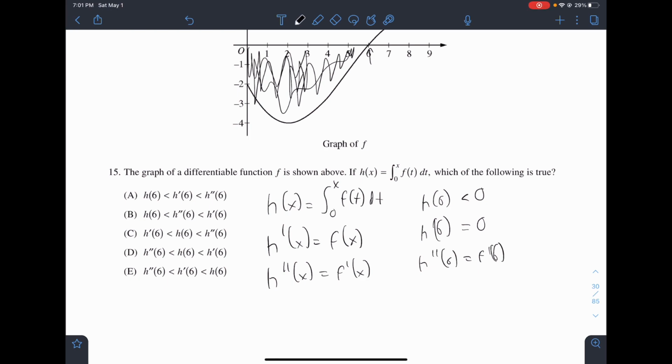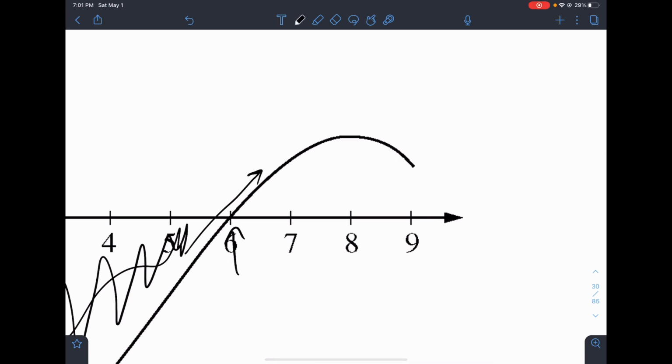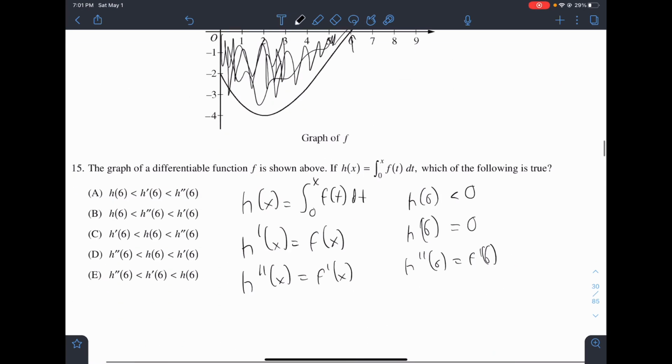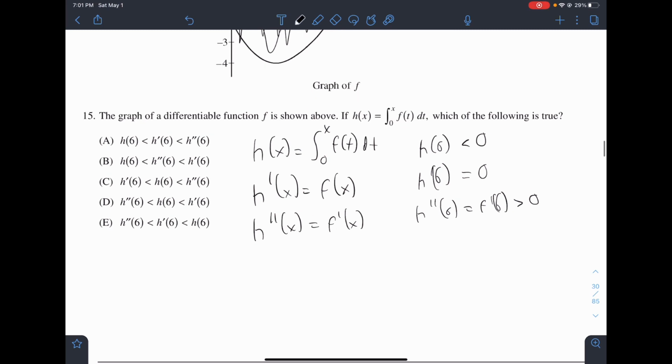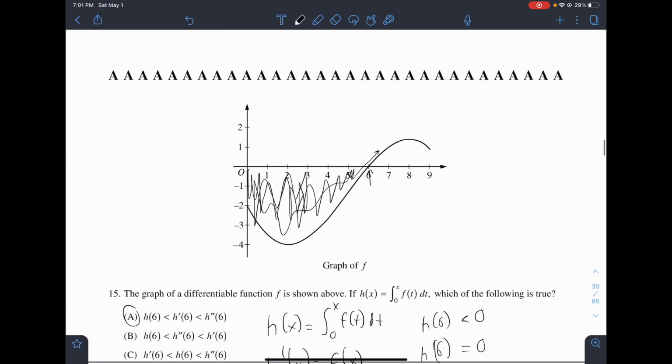And so the slope at x equals 6 is clearly ascending. So it's a positive slope, so it's greater than 0. So now we can find that h of 6 is less than h prime of 6, which is less than h double prime of 6. So this is A. Awesome. That's a good review for the AP exam.